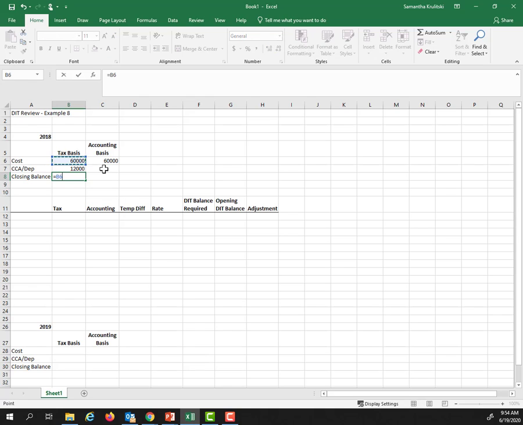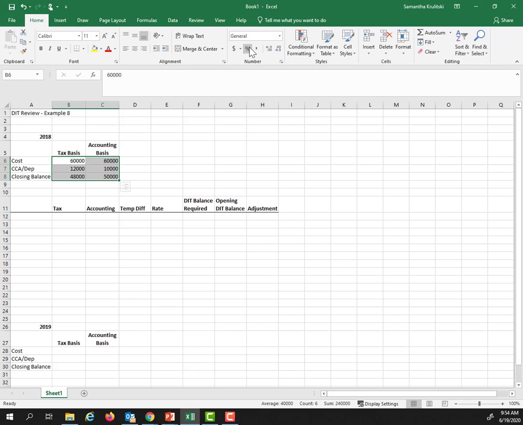So our closing balance is $60,000 less our CCA, which means for tax basis our closing balance is $48,000. For the accounting basis, we're using straight line over 6 years, so we're going to have $10,000 of depreciation, and our closing balance is going to be $50,000.